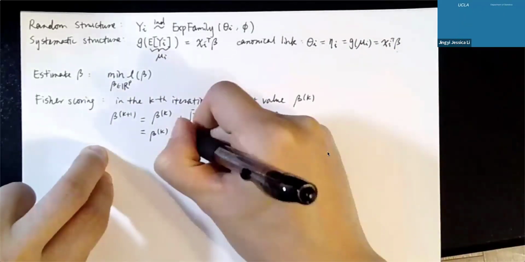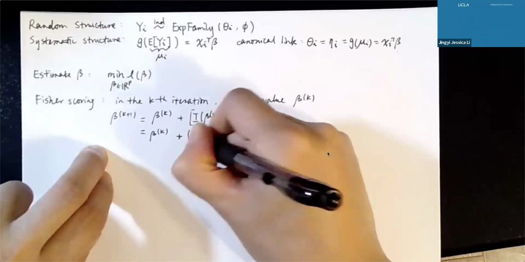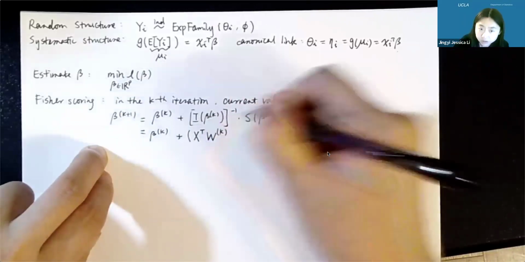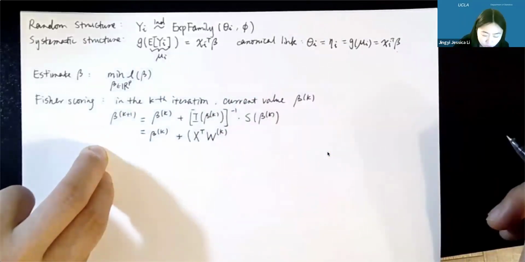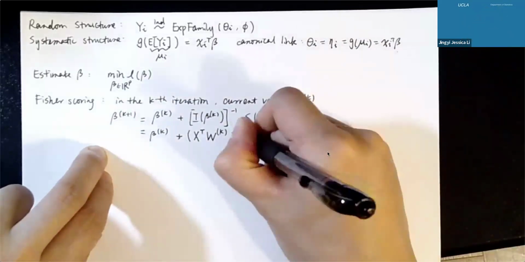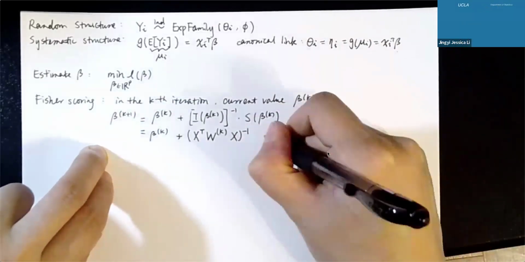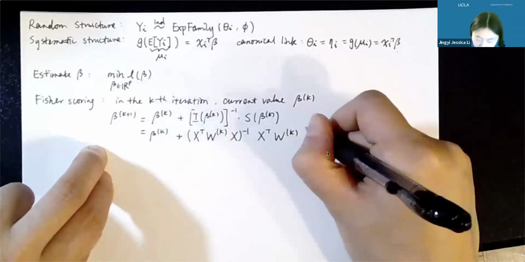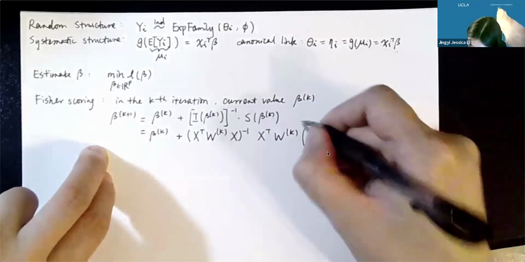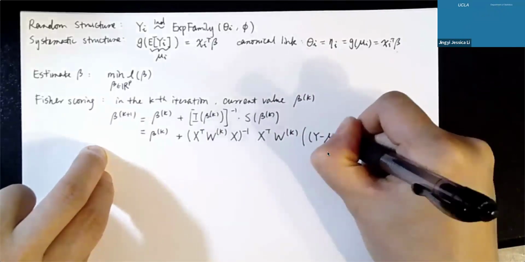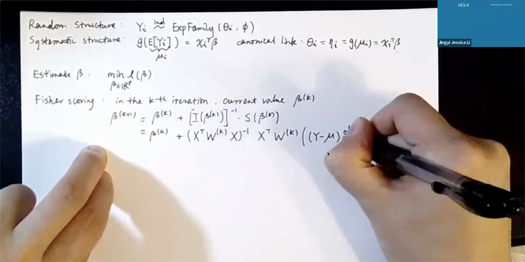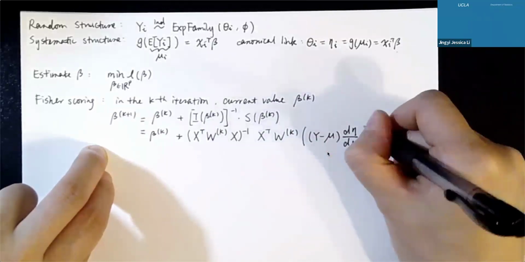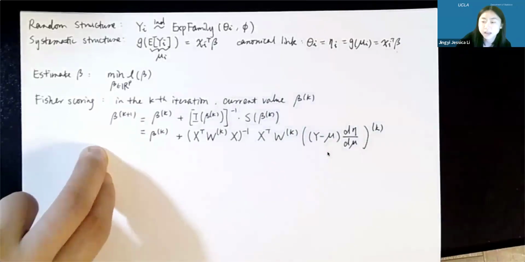That is, the Fisher update can be written as X transpose W_k X inverse, X transpose W_k, and this is a vector notation, (y minus mu) d eta d mu. This is the whole notation at the kth values.